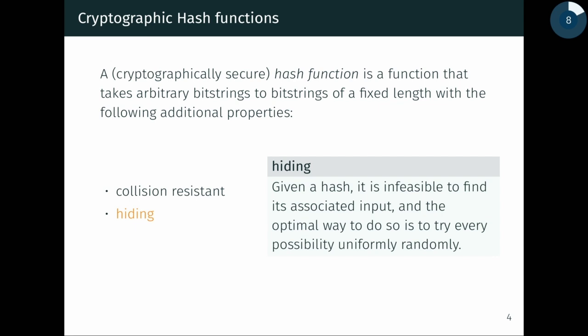And it should also be hiding. That means basically, given a specific hash, it should be infeasible to construct a pre-image to that hash. So the only way in practice to find a pre-image should be to search, just exhaustively search the domain until you find a pre-image that maps to this hash.